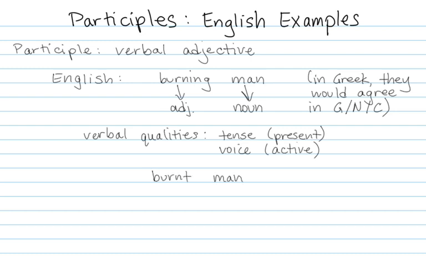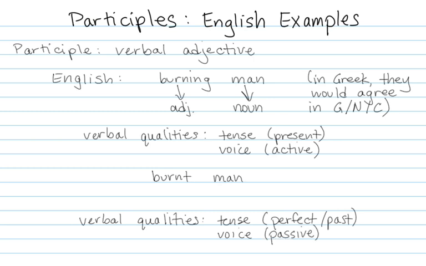So to give you a different example, burnt man is still a participle, still a verbal adjective, still modifies man. In Greek, they would agree in gender, number, and case. Verbal qualities are tense and voice. The difference between burnt and burning is different tenses and voices. So burnt in English is a perfect tense, or you could just say more simply a past tense.